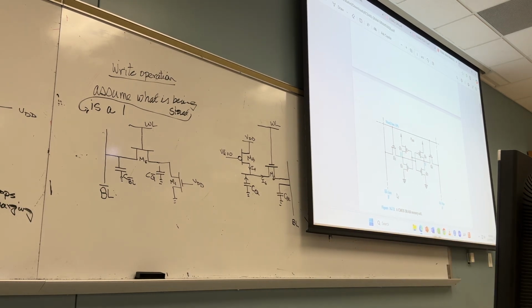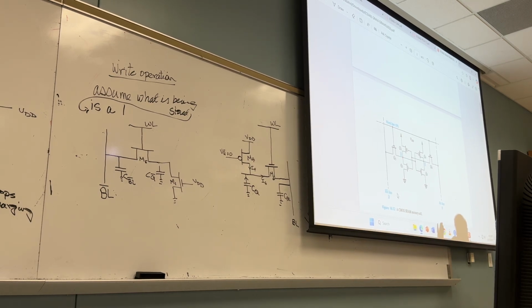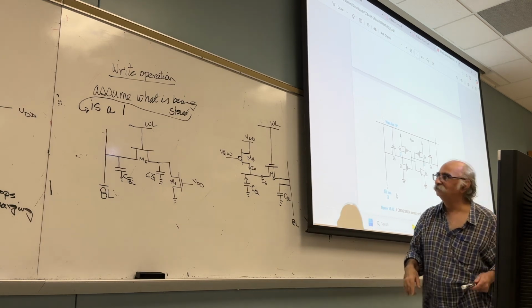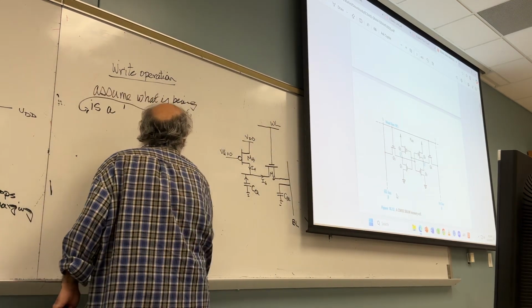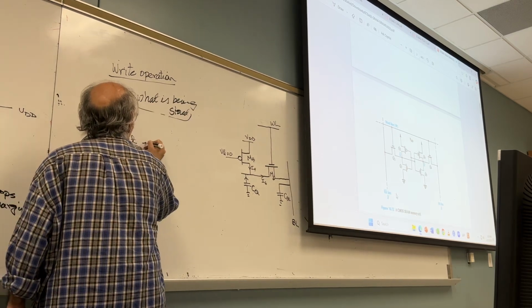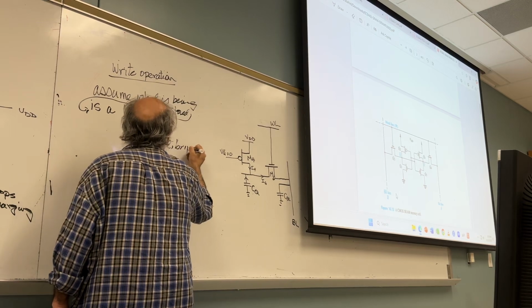Clear? And then what do I want the capacitor to do? I want it to stop discharging. Did you get it or not? At equilibrium, what do I have? At equilibrium, I'm still waiting.